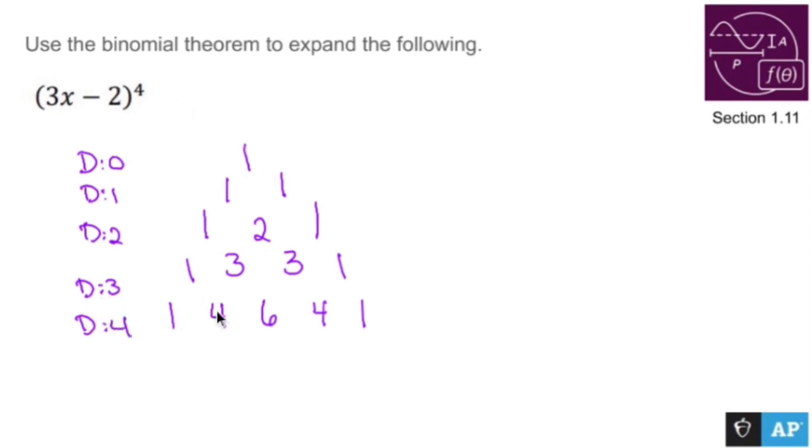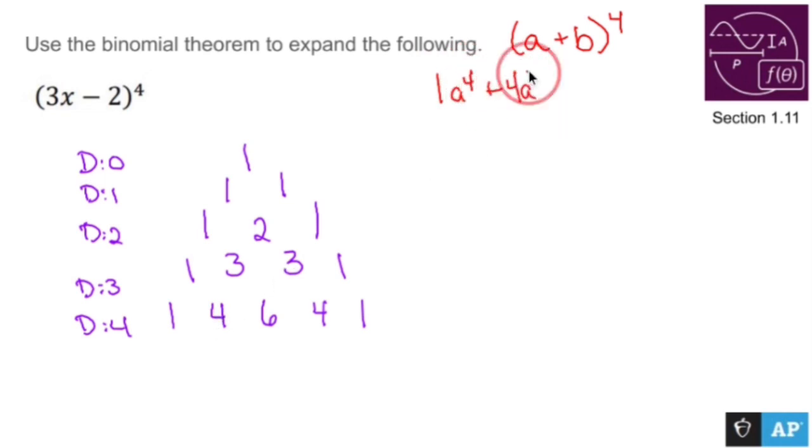Now, this gives me the coefficients for when I multiply this out. This does not give me any answer. This just helps me figure it out. Now, the rule says if I have something like a plus b to the fourth, I use these numbers and I do 1a to the fourth plus 4.